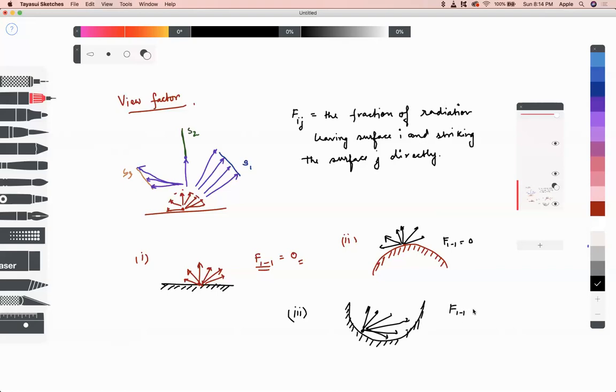So F1 to 1 will not be equal to 0 in this particular case. So these are the 3 standard scenarios that we can consider to solve our problems related to view factor, but not necessarily are these 3 concepts enough. So we have to use something called the rules of view factor.